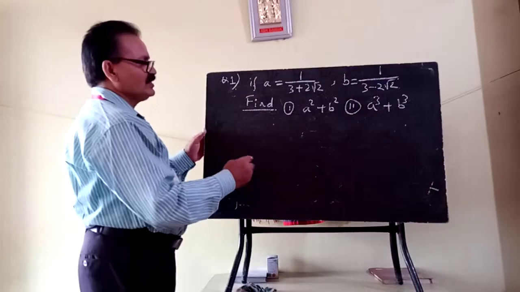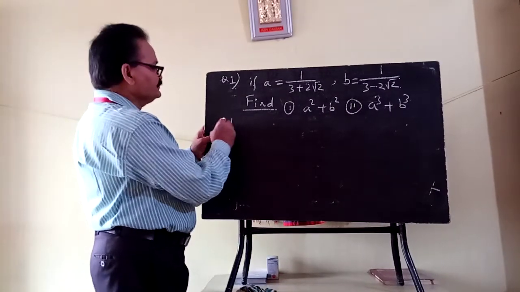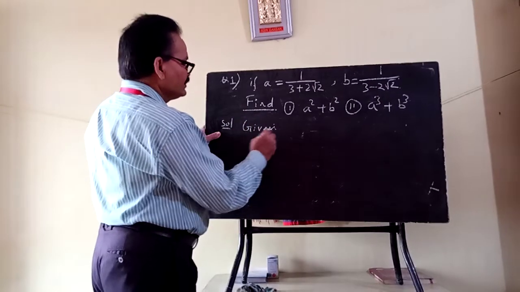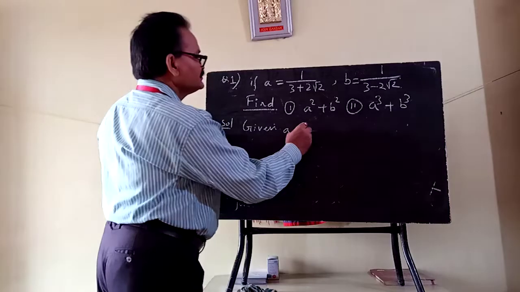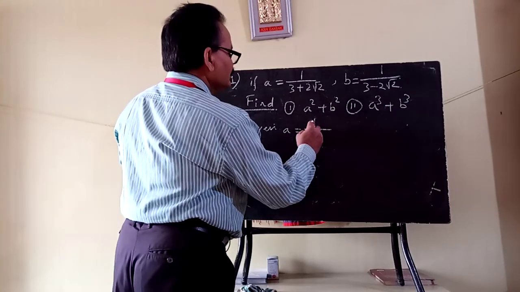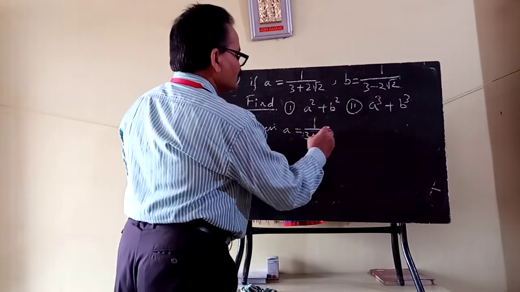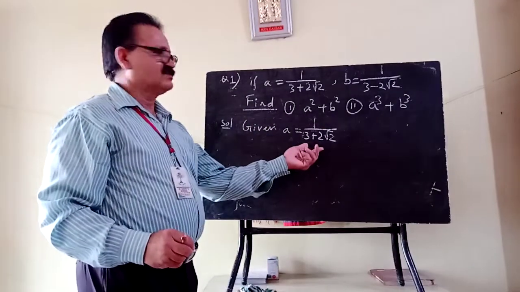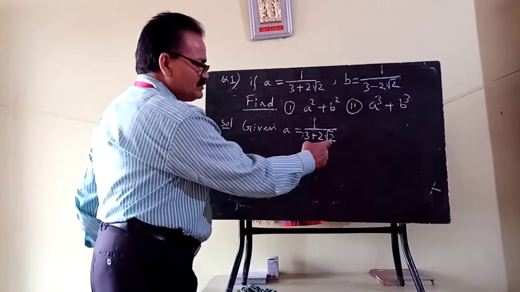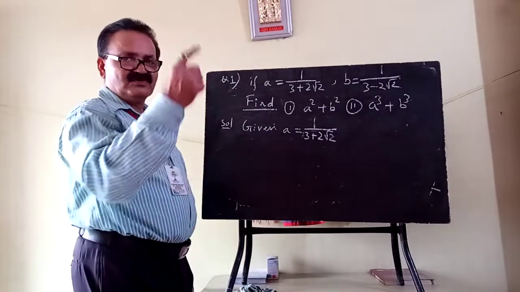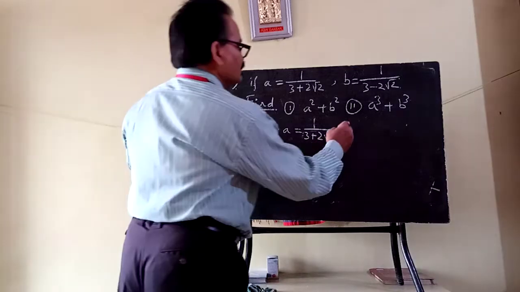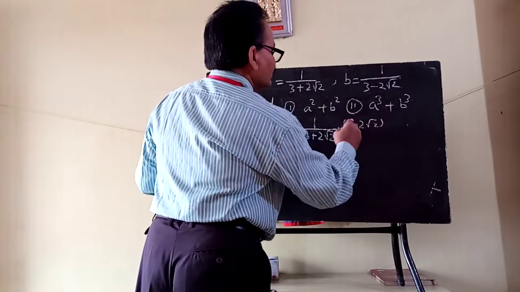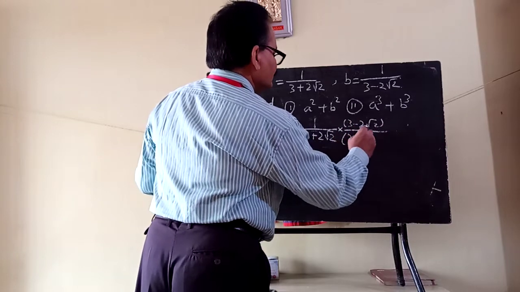Let me see what we have to do. Your solution: first you have to write, given a equals 1 by 3 plus 2 root 2. You see the denominator is an irrational number. To make it rational, since a plus b is given, you have to multiply both numerator and denominator by the same value, 3 minus 2 root 2.